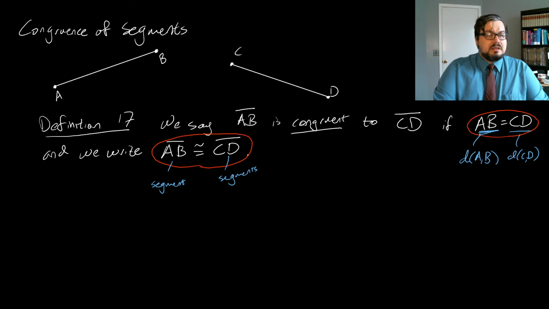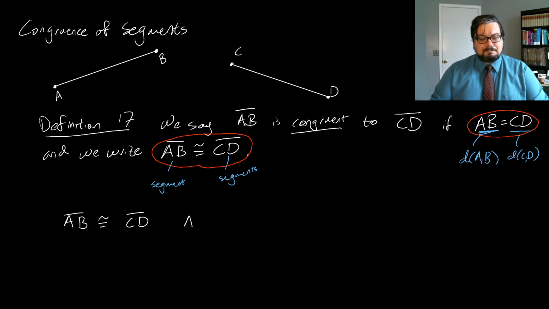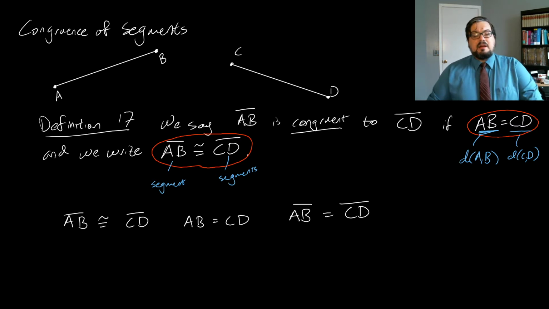Now, the difference between these three statements I want to make very clear. On the one hand, we have that segment AB is congruent to segment CD.